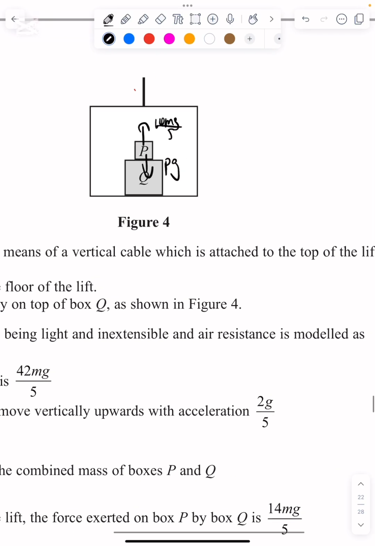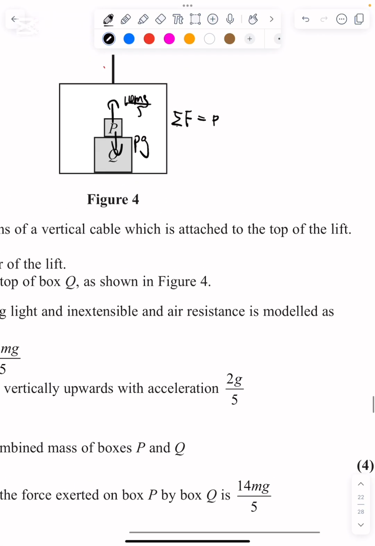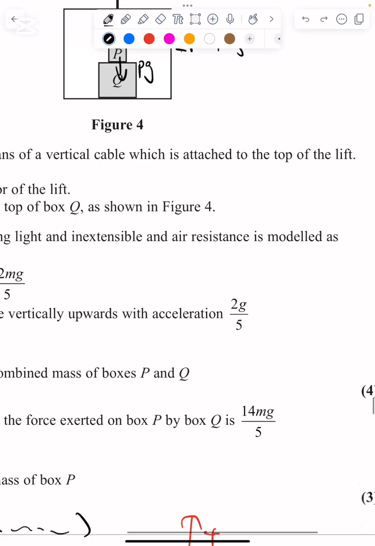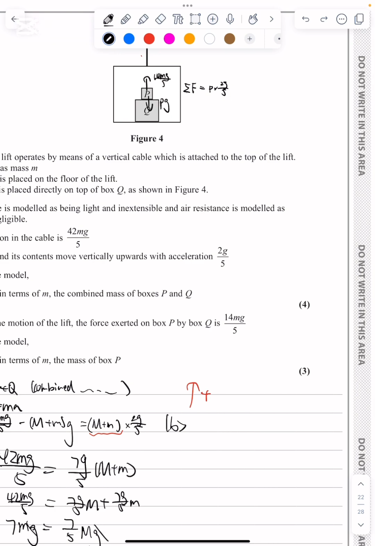And these two combined together would equal P times 2g over 5. This is MA, right? F equals MA. So we just have to write 14mg over 5 minus Pg equals P times 2g over 5.